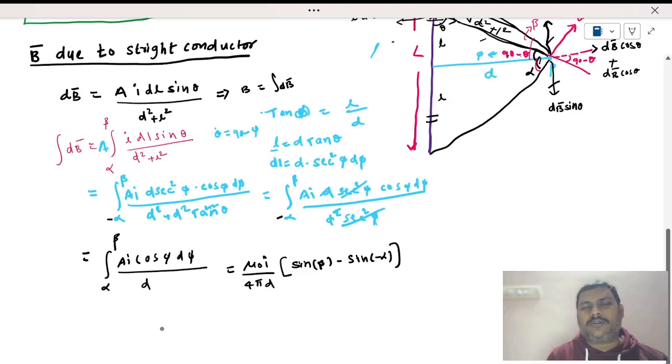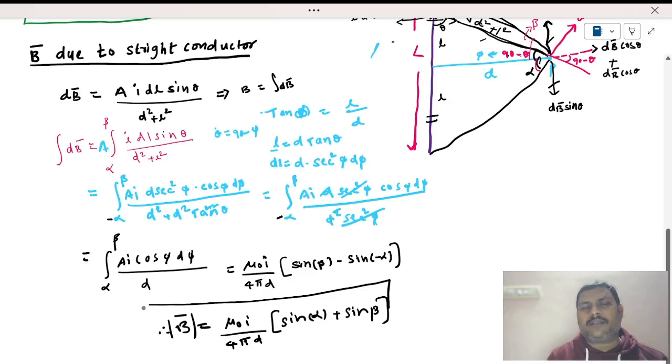Therefore B, finally the B due to a finite length, is mu naught I by 4 pi d into sin alpha plus sin beta. Very important: the magnitude of B bar is equal to mu naught I by 4 pi d into sin alpha plus sin beta.